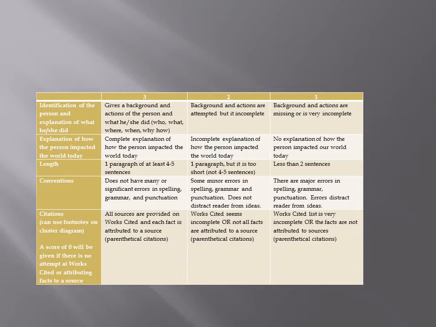You're going to get full points. If it's shorter than that, you're going to lose points. Your conventions: spelling, grammar, punctuation, capitalization. And then citations. You need to have works cited and you need to use parenthetical citations. At the very least, you need to have one or the other. If you don't have either, you will be given a score of 0.